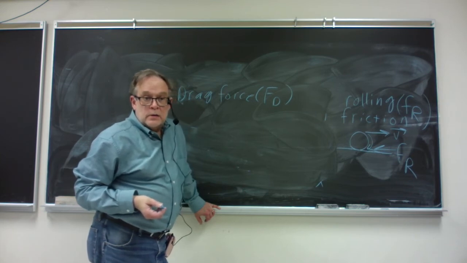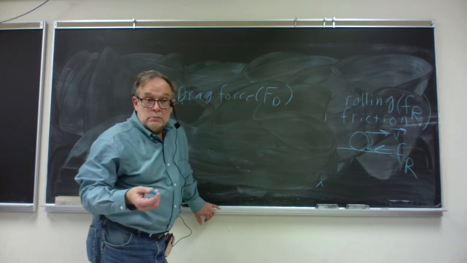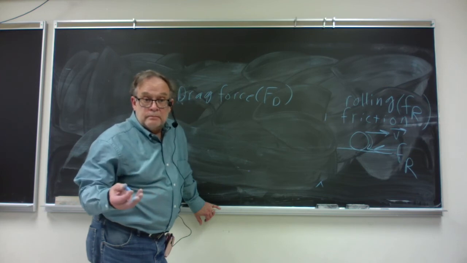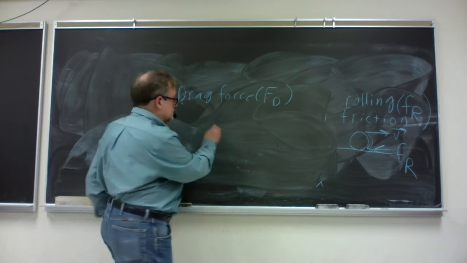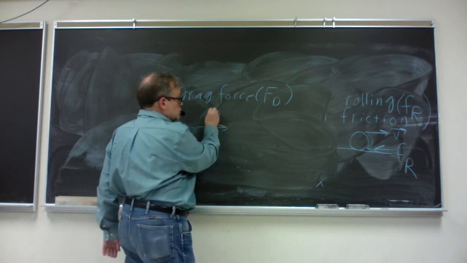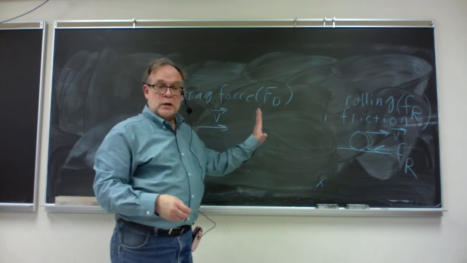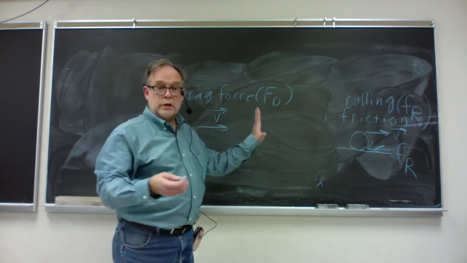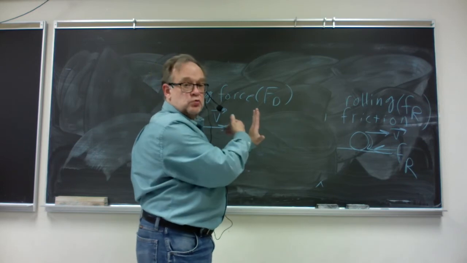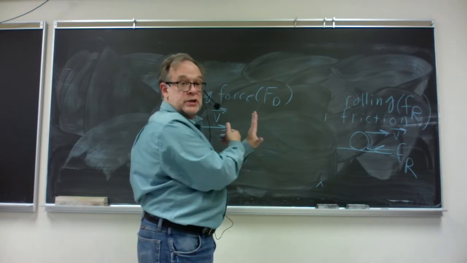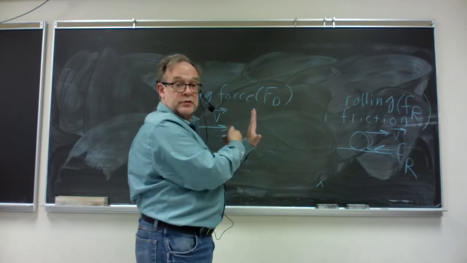That's our usual algebraic symbol for drag force. And like kinetic friction, drag force always points opposite to the velocity. Something is moving this way, it'll collide with the air molecules or the water molecules, and all those collisions will be pushes this way on the moving thing.